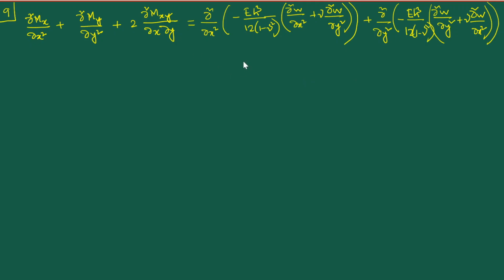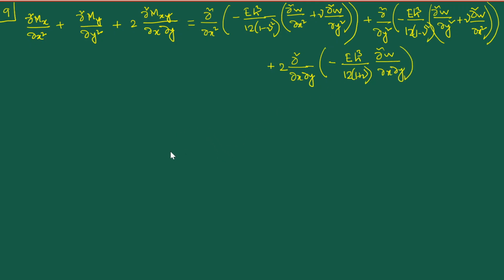And finally, for this, I have twice del square del x del y, and within bracket I'll have minus E h cube by 12 into 1 plus nu, del square W del x del y.